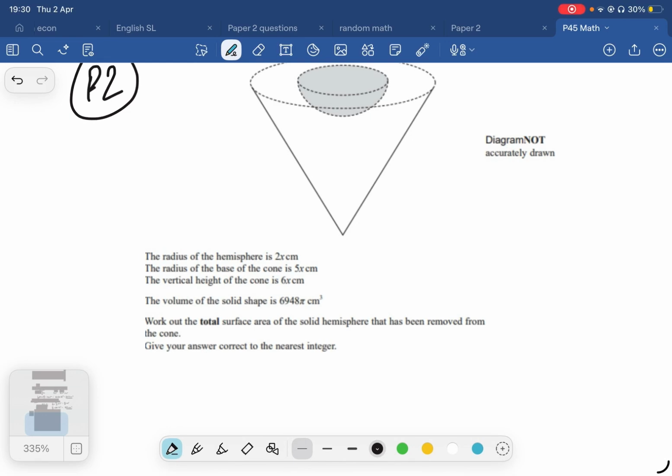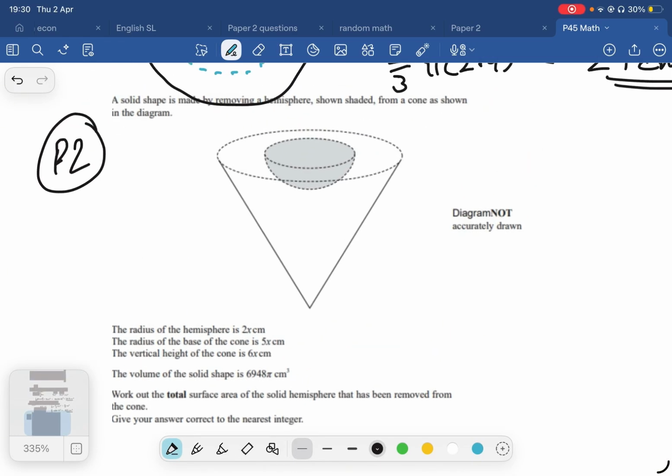The radius of the base of the cone is 5x. The vertical height of the cone is 6x. So what you want to do is write all this down on the diagram. So this is 2x. This would be 3x, because 3x plus 2x is 5x, which is the radius of the cone. And the height of the cone is 6x.